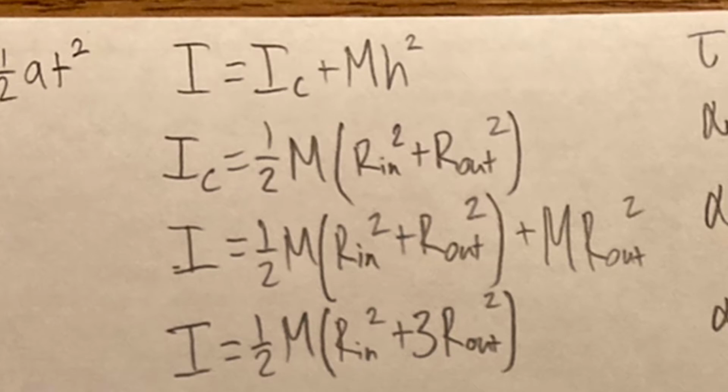So that leaves us with I equals 1/2 m times radius of the inside squared plus radius of the outside squared plus m times radius of the outside squared. And we simplify that to get I equals 1/2 m times radius of the inside squared plus 3 radius of the outside squared.